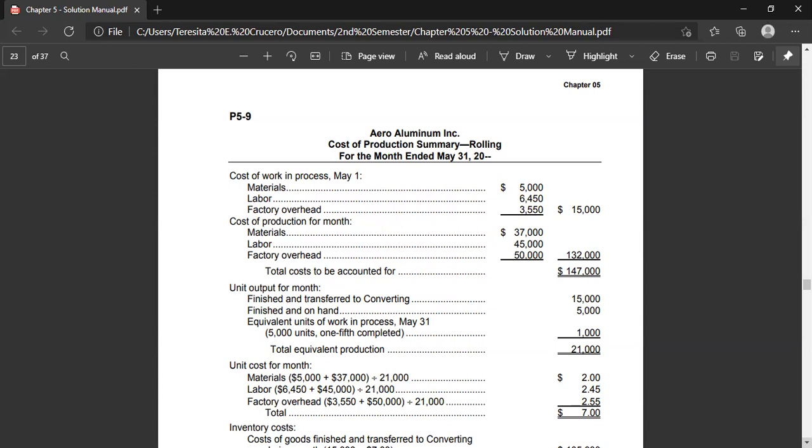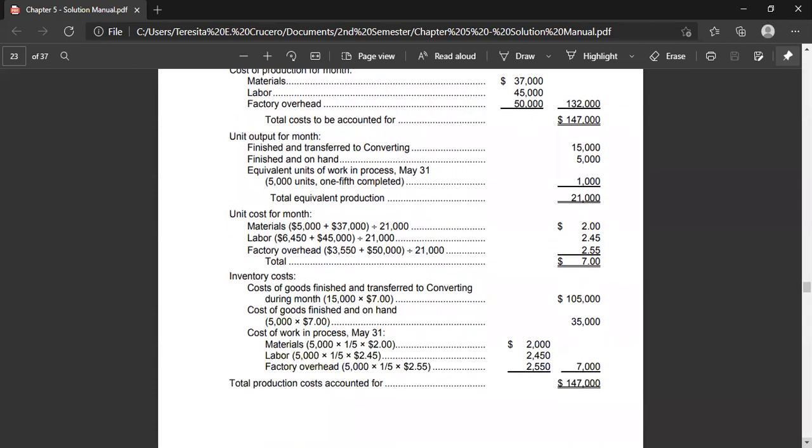And then the labor, 6,450, add 45,000 divided by 21,000. So you get 2.45. Factory overhead is 3,550, add 50,000 divided by 21,000, so you get 2.55, leading to the cost per unit equal to 7.